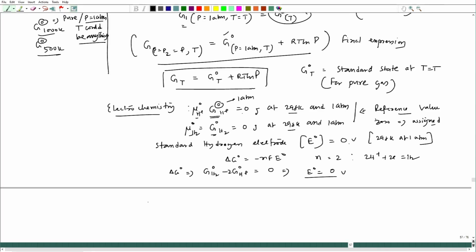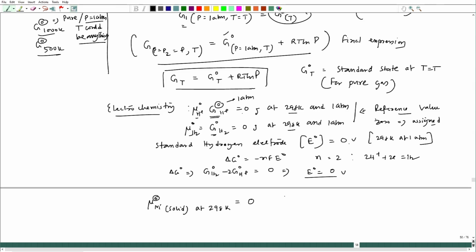Similarly, I can assign nickel when it is solid, because we know that whenever we put a naught, that suggests it is 1 atmosphere. But the temperature we have to mention, 298 Kelvin, 27 degrees Celsius. For nickel, the most stable form is solid, so that value is taken as 0.